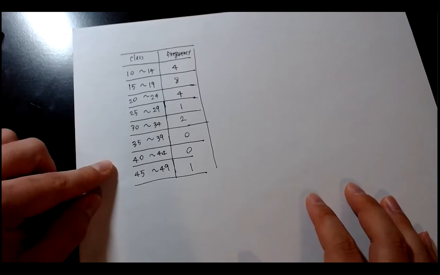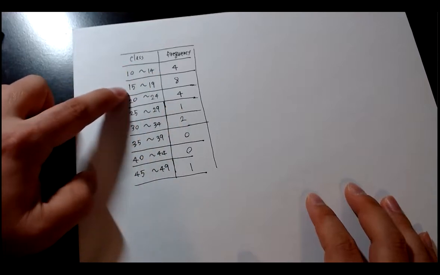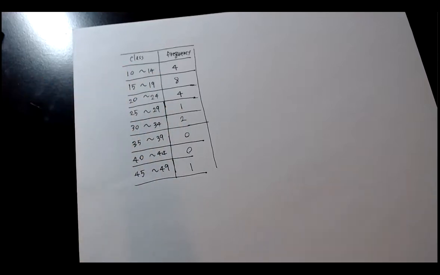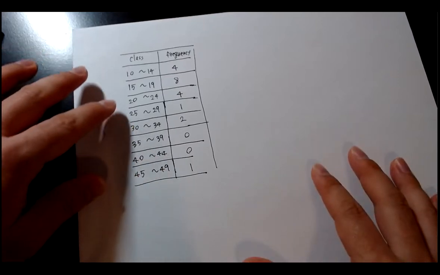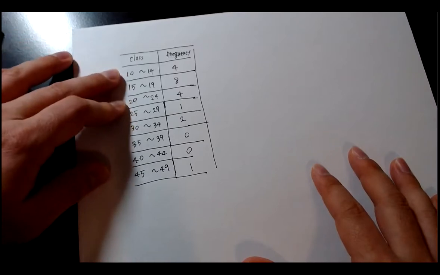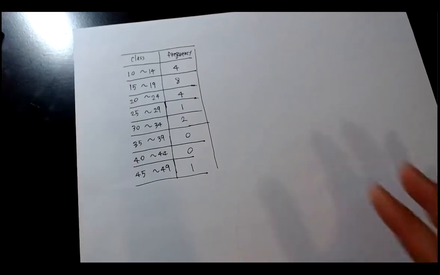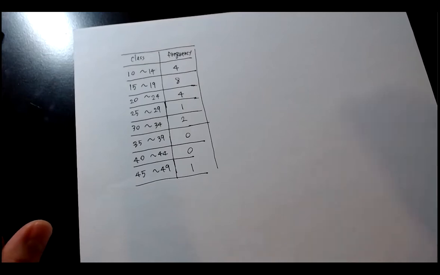See the second class: most of the data is in the second class, between the first class and the third class, especially the second class. So statistically it's going to take 8 minutes, 10 minutes through 24 minutes. Okay, we can say that.